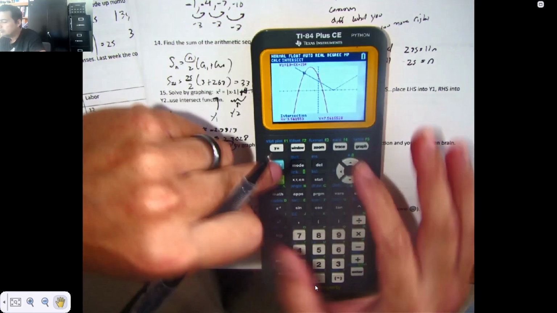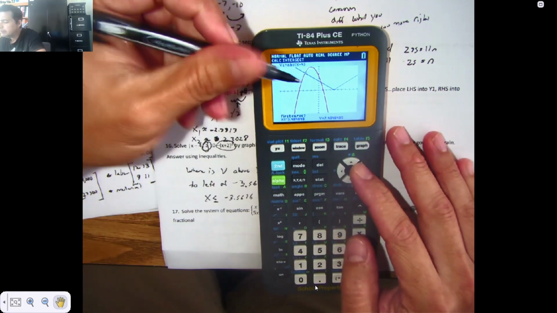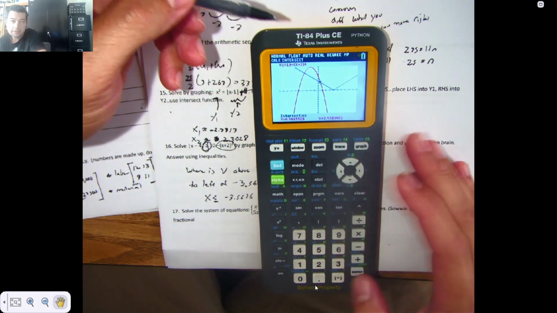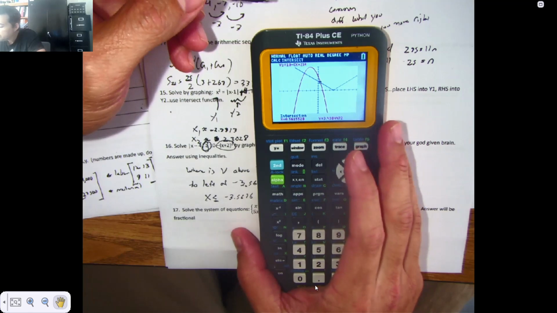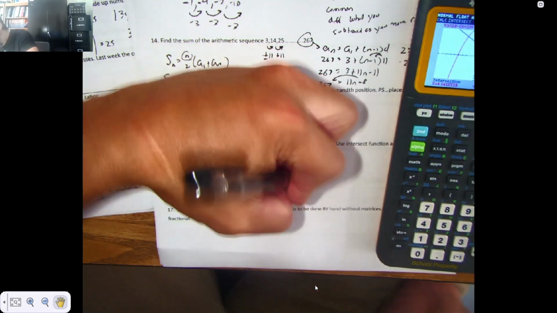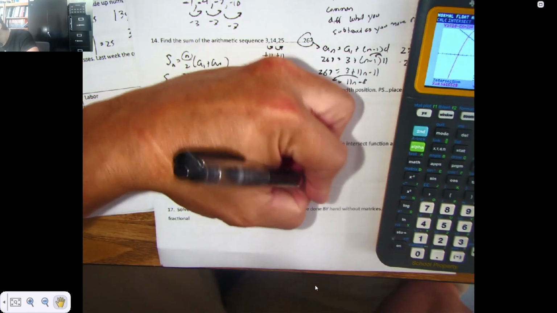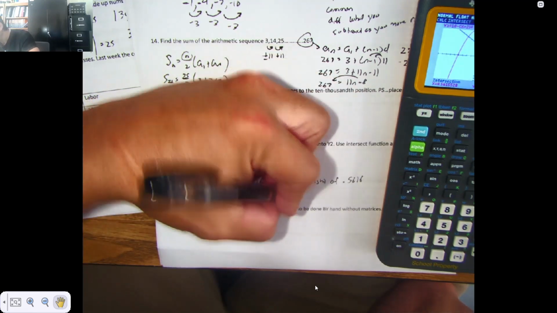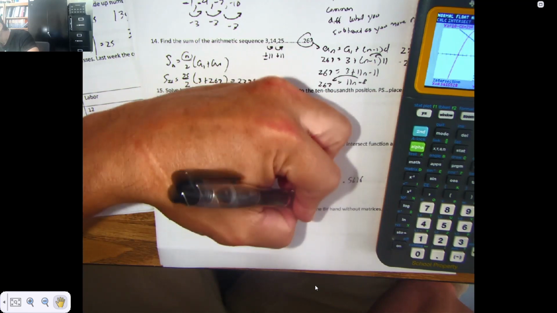Or over here on the right-hand side, get close, I did second trace 5, enter, enter, enter, to the right of 0.5616. So x would be greater than or equal to 0.5616.